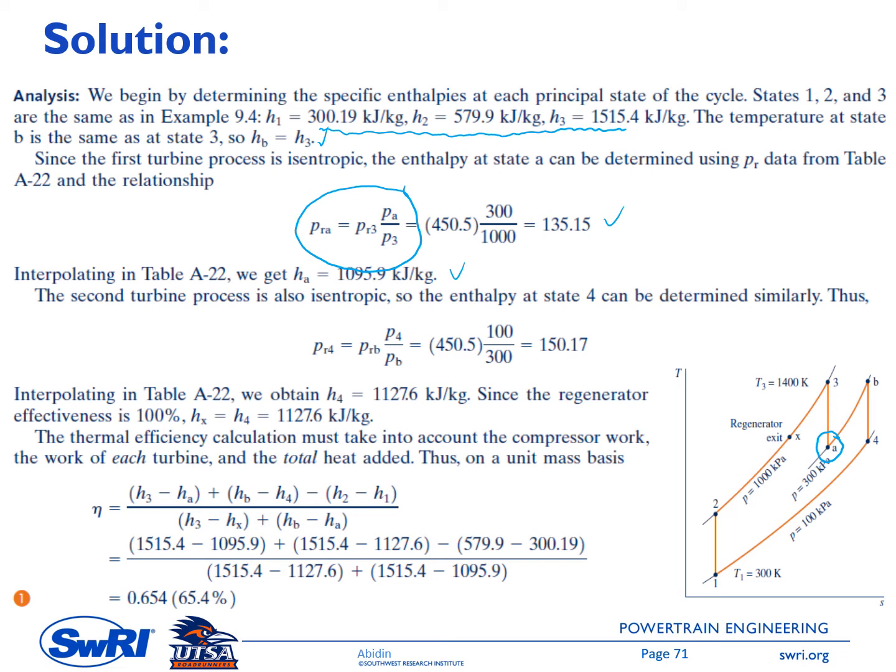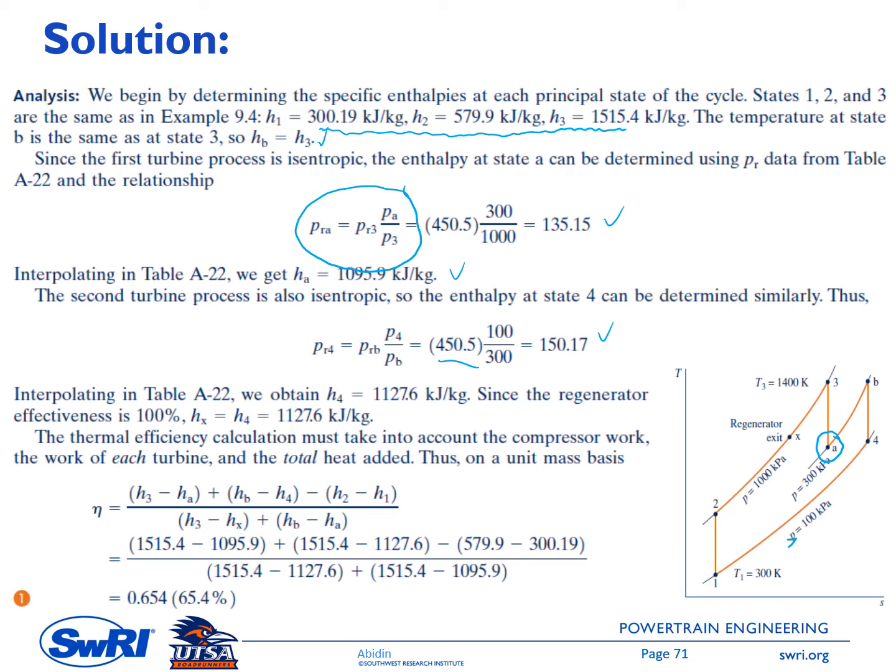Okay, and then to get the enthalpy at state 4, which is at the exit of the second turbine, you can use the same correlation between pressure ratio and Pr ratio. So in this case, you will use P4 and PB. So PB is 300 and P4 is 100 kilopascal, and PrB is Pr at 1400 Kelvin, so it is 450.5.